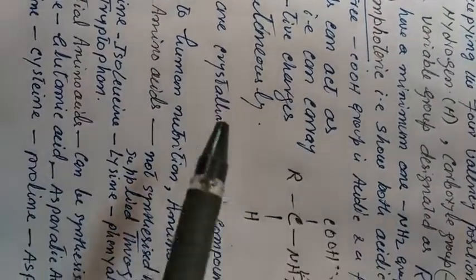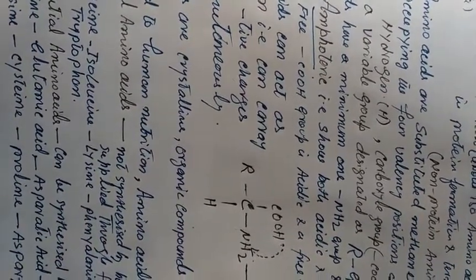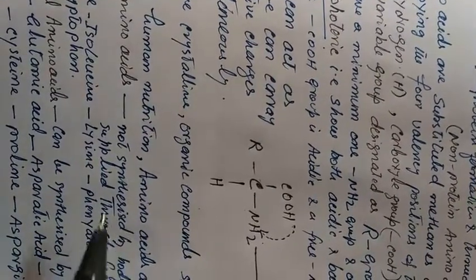Now the next group of amino acids is what we call non-essential amino acids. They are called non-essential amino acids because they are synthesized by our body and we don't need to supply these amino acids through our food, because our body is capable of synthesizing these amino acids on its own.